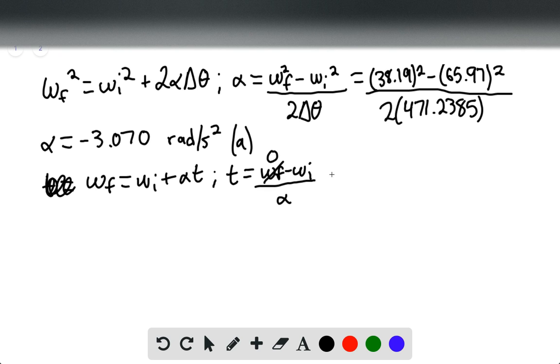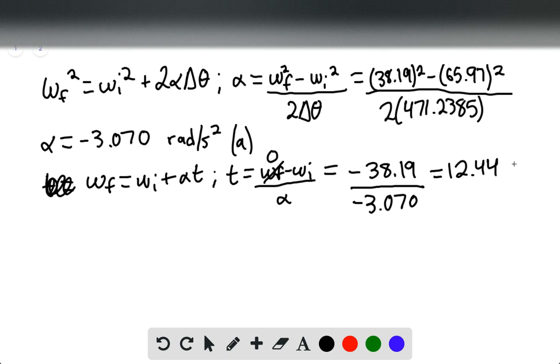We know that omega final is going to be 0, so this is simply equal to negative 38.19 over negative 3.070, and this is going to equal 12.44 seconds.